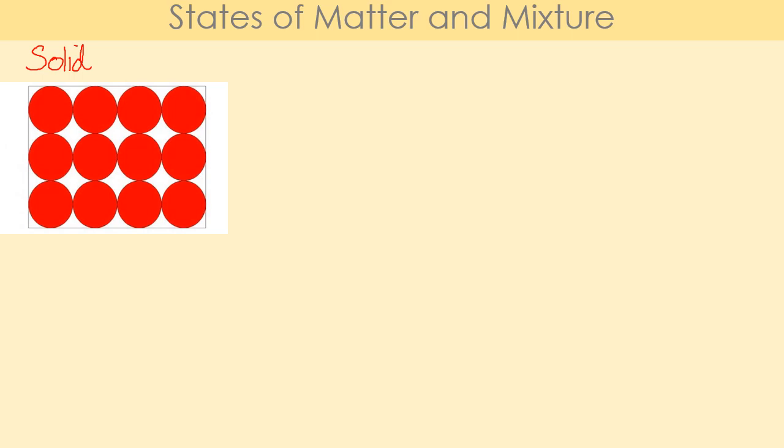So a solid, we've got it here. We draw our particles as circles. Now this could be an atom, or it could be an ion, it could be anything. We just draw them as circles. So we have a regular pattern. They are all touching.